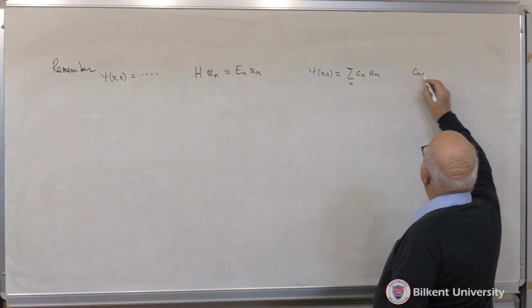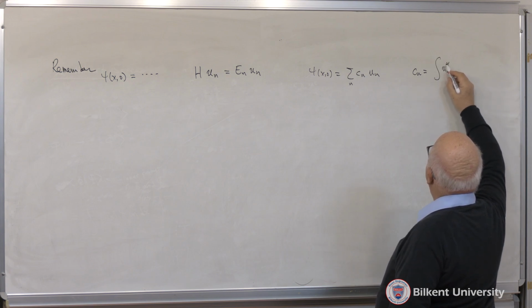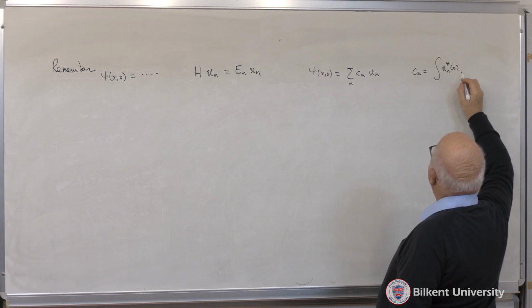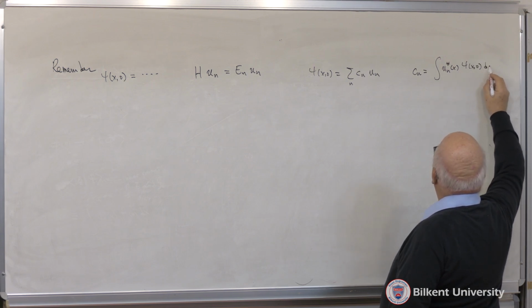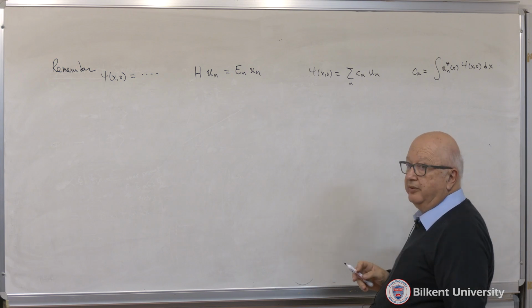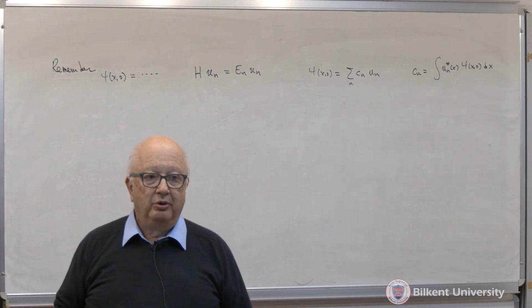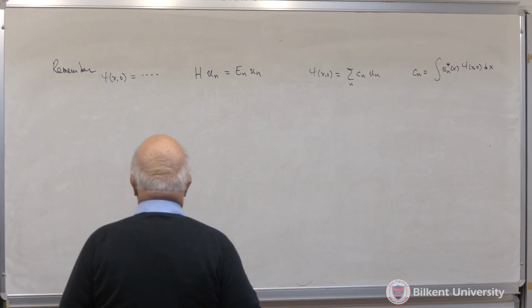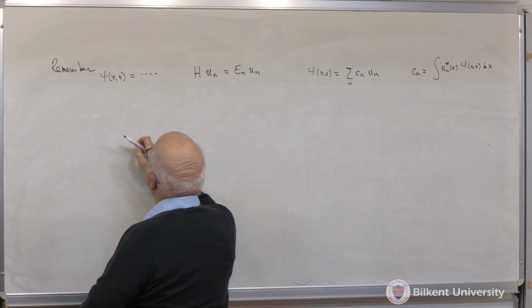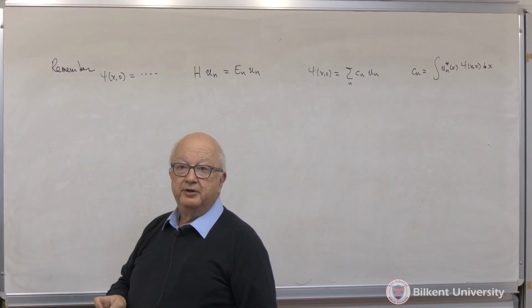These Cn's were equal to integral of this un star of x times psi x0 dx, right? So this is something that we know how to do quite well. Now let's try to analyze this, what we are doing here in the Hilbert space.